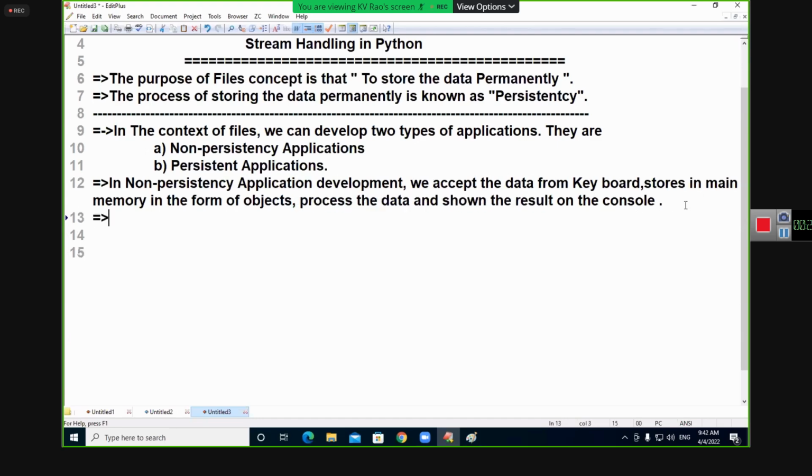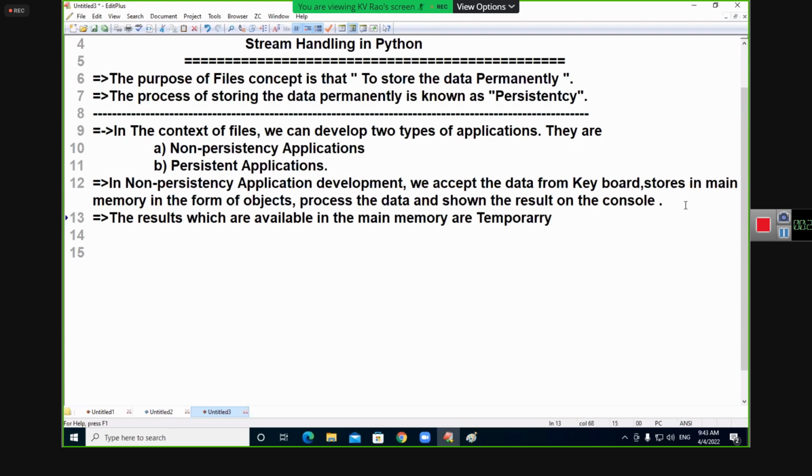Well, the results which are available in the main memory, are they temporary or permanent? Temporary.